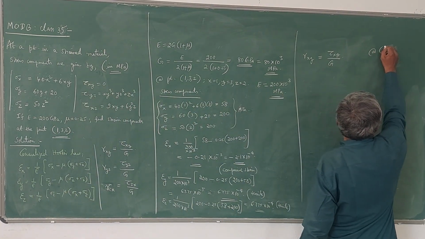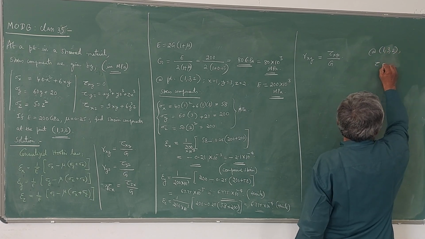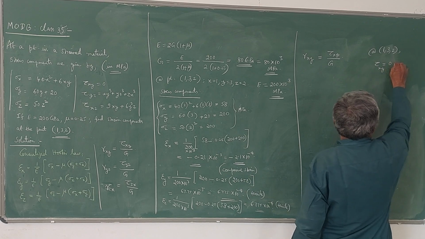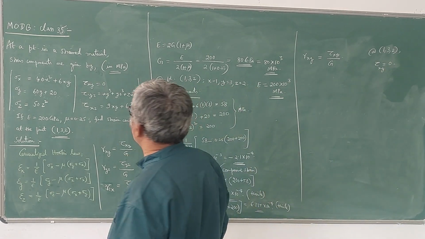So at 1, 3, 2, let me get the value of tau xy. Tau xy is given as 0. At all the points there is no shear stress tau xy.